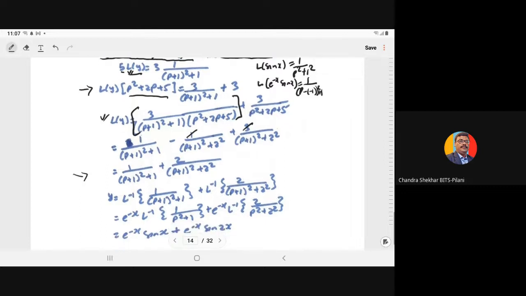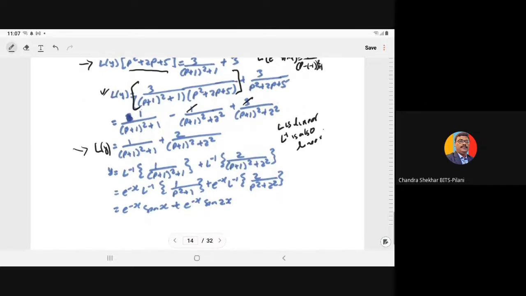Now y will become L inverse of this, and L inverse is also linear, so it can be written as L inverse of 1 upon p plus 1 whole square plus 1 plus L inverse of 2 upon p plus 1 whole square plus 2 square.